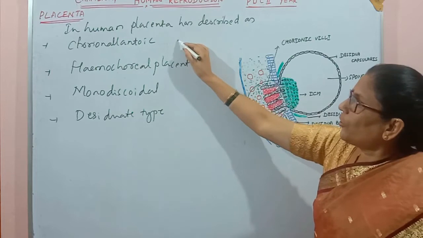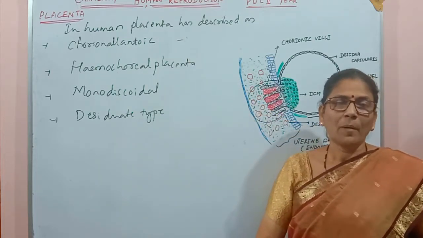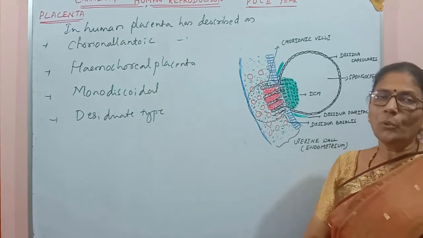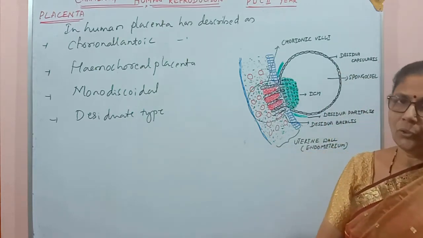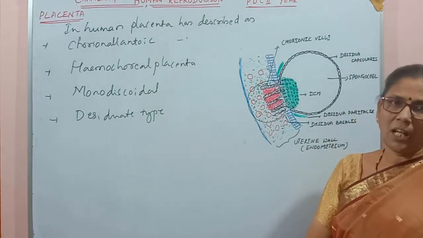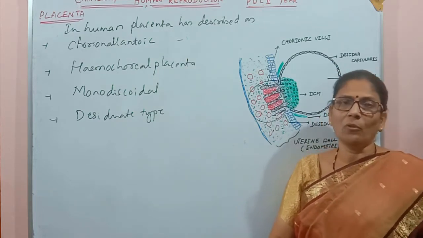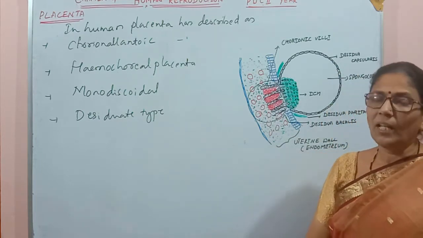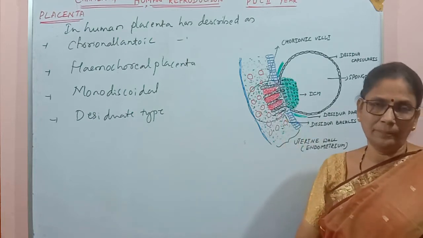First, what is chorioallantoic? As I just explained, the placenta is formed by two extra-embryonic membranes, chorion and allantois. These two membranes together associate and form a chorioallantoic membrane, and that membrane produces the chorionic villi.